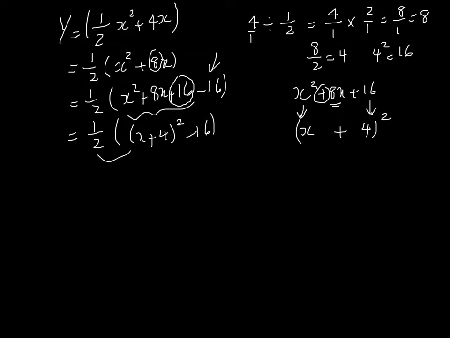Now I'm going to distribute 1 over 2 inside the bracket. I get 1 over 2 times x plus 4 squared minus 16 times 1 over 2 is going to give me 8. So this standard form of the quadratic becomes this vertex form using completing squares.